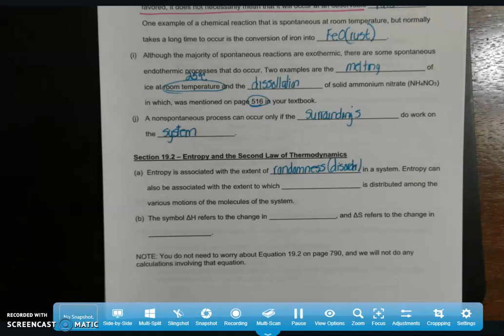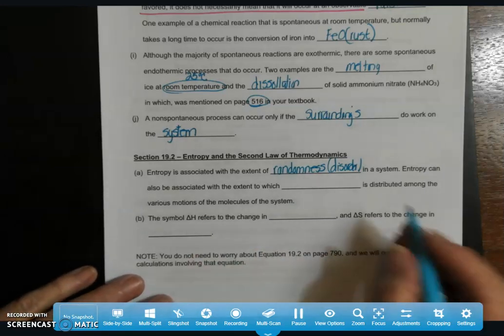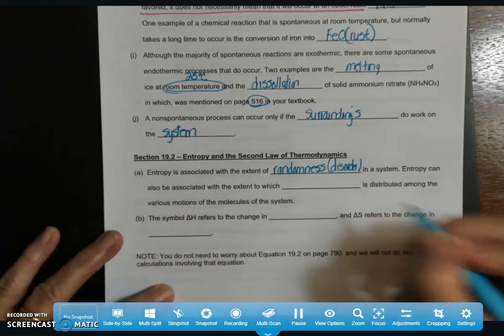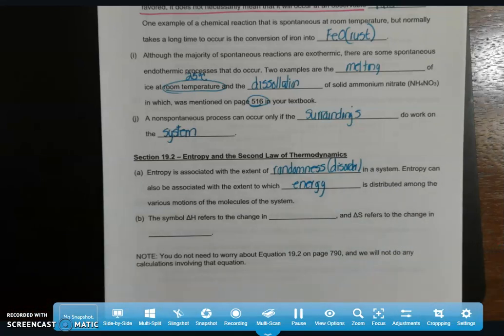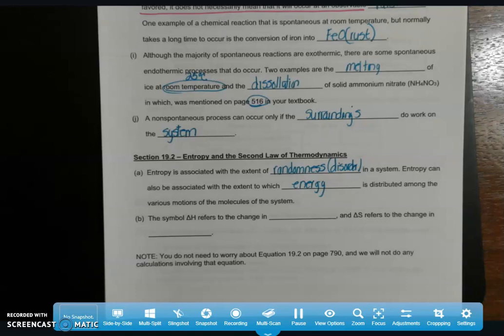And so it tends to be that an increase in energy can be associated with the extent to which energy is distributed among the various motions of the molecules of the system. And so randomness in and of itself: am I going to a more random system or a more ordered system, which requires more energy, in the reaction system that I'm looking at?